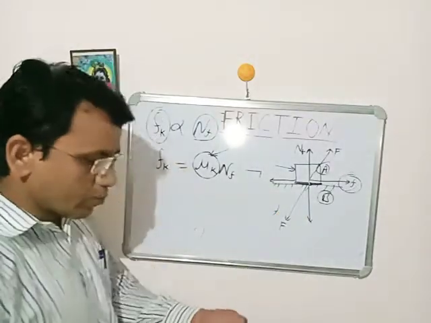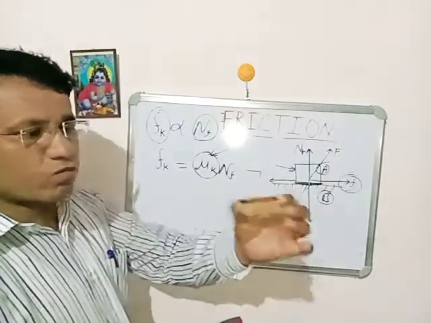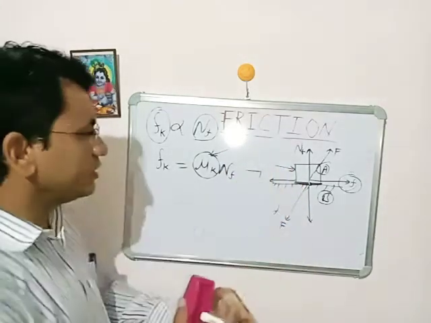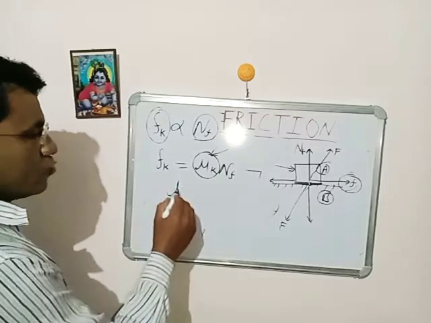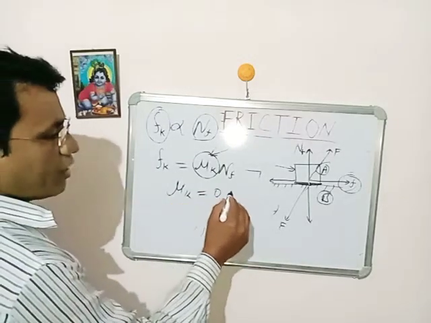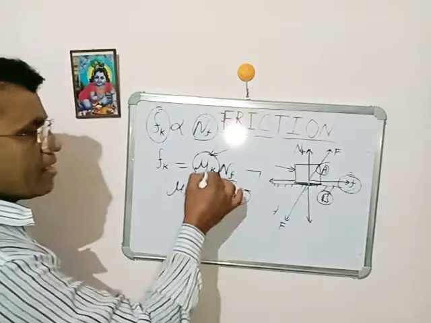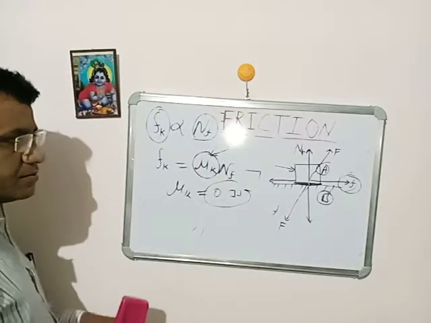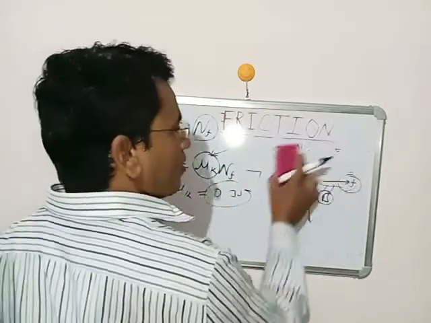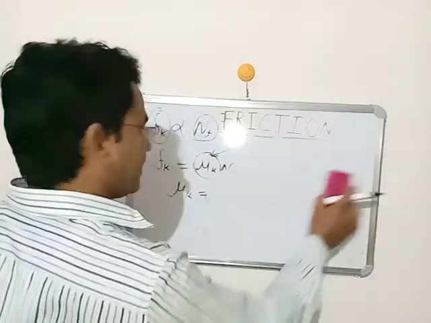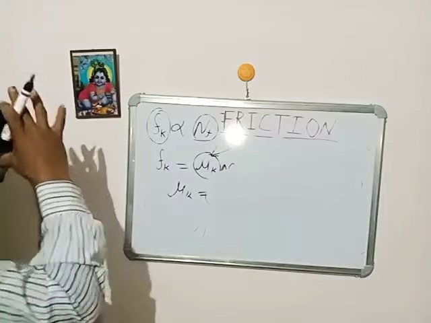Okay, suppose we have a block of wood, so the friction coefficient for wood is mu k equal to 0.35. So it depends upon the materials. Got it? Now let's take an example.